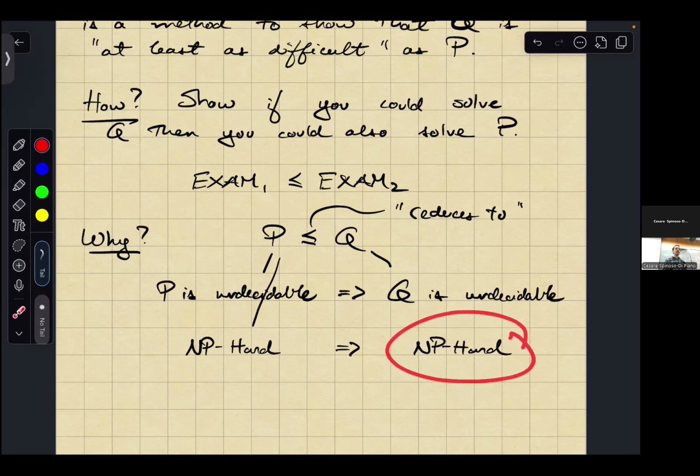Because if this wasn't NP-hard, if it was actually possible to solve it in polynomial time with a deterministic Turing machine, then I could just use the solver for Q to solve P in polynomial time, and therefore P would not be NP-hard unless P is equal to NP, right? Okay. So this is why this is important, because it's a technique to show that something is not decidable or not in P, right? Okay. Now this is a review of the logic of reductions.